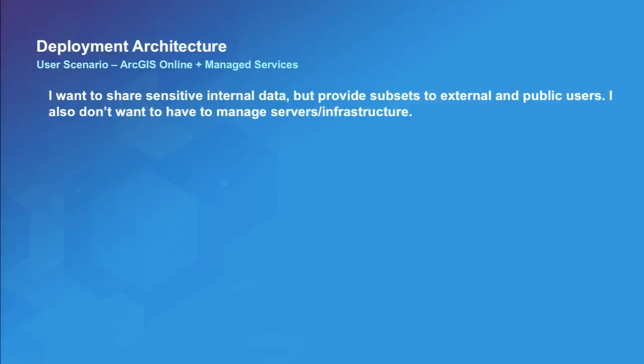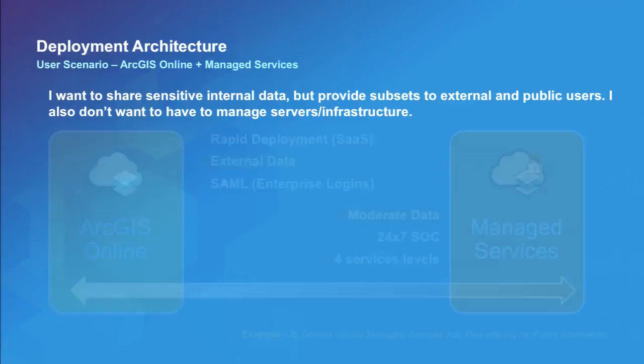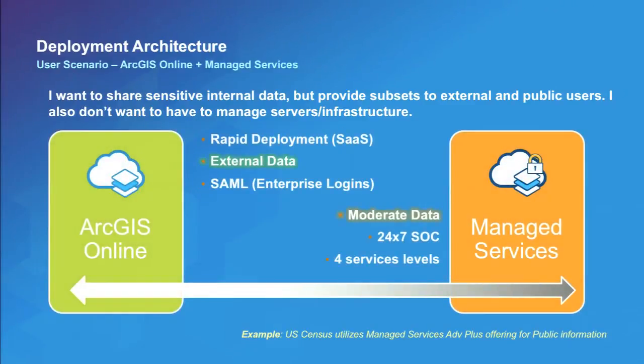One last scenario for deployment architecture. If a customer, and this is just a variance of a previous one, wants to share sensitive internal data but provide subsets out to external public users, but they don't want to have to manage and maintain the server infrastructure themselves, then that's where managed services, or Esri Managed Cloud Services, comes in.